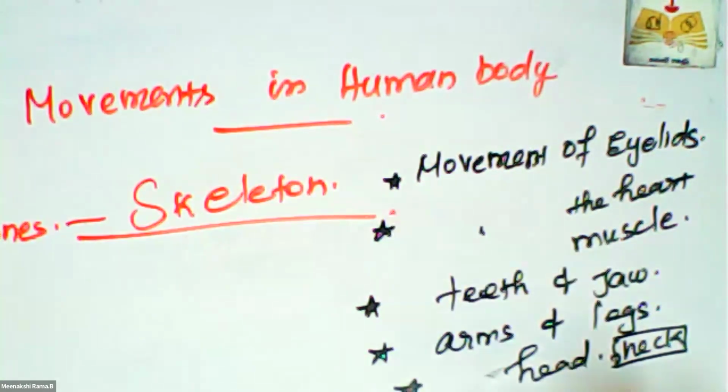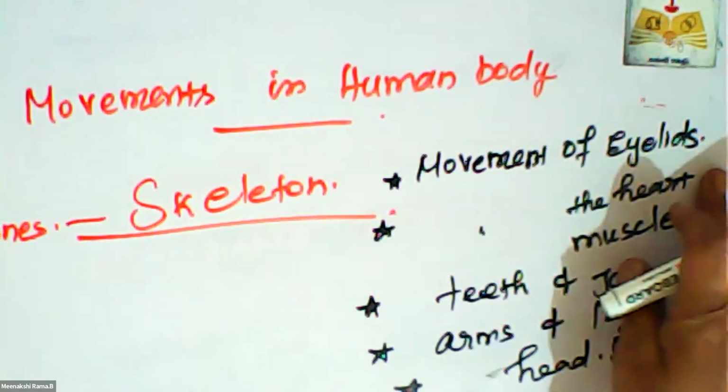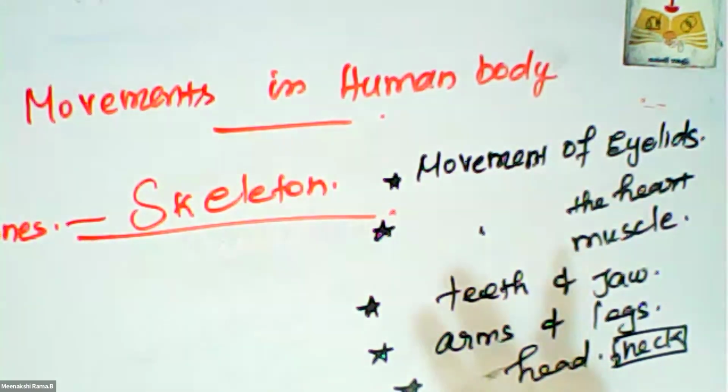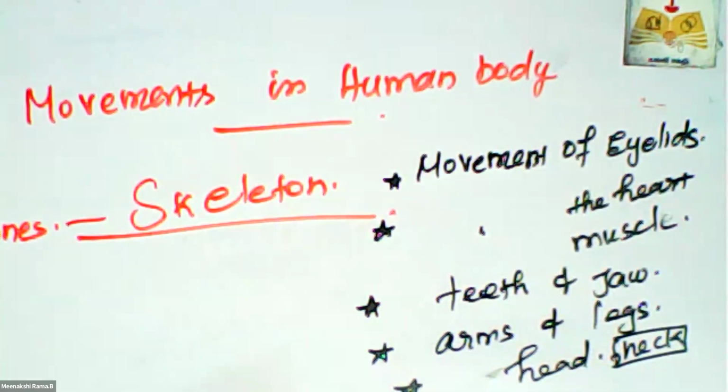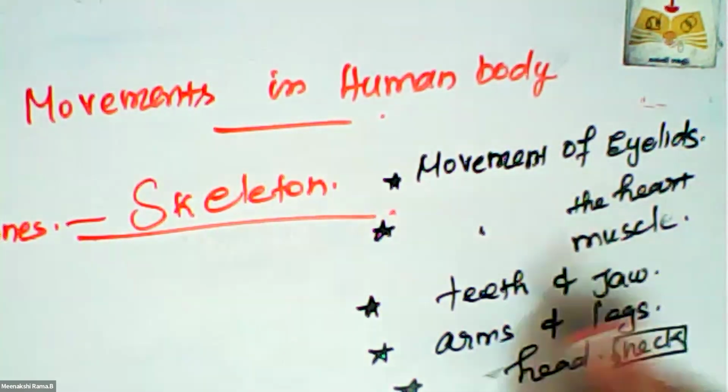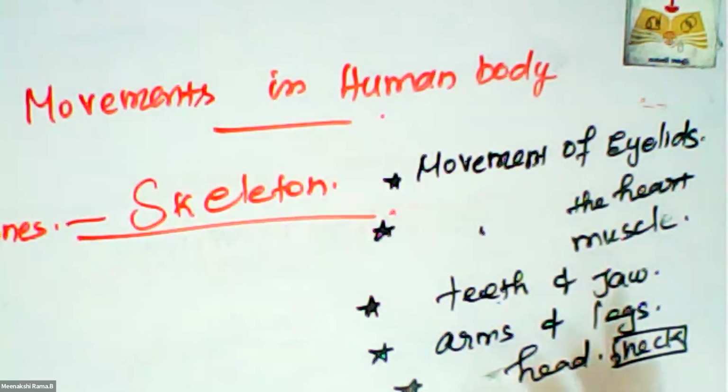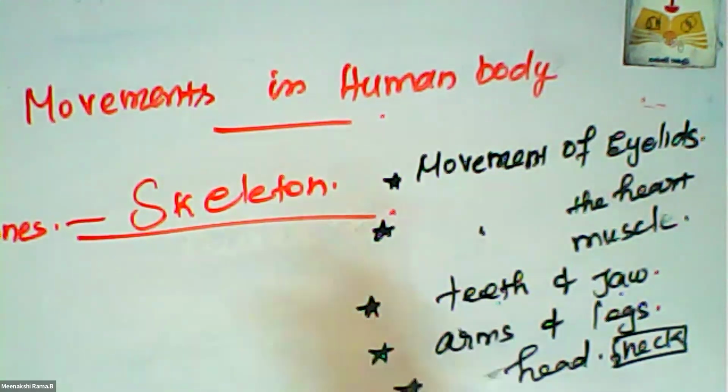So first one, movement of eyelids. Our eyelids are always opening and closing. Heart muscle means contraction, relaxation, and pumping action. Teeth and jaw move when chewing food, breaking some material, feeding, or speaking.